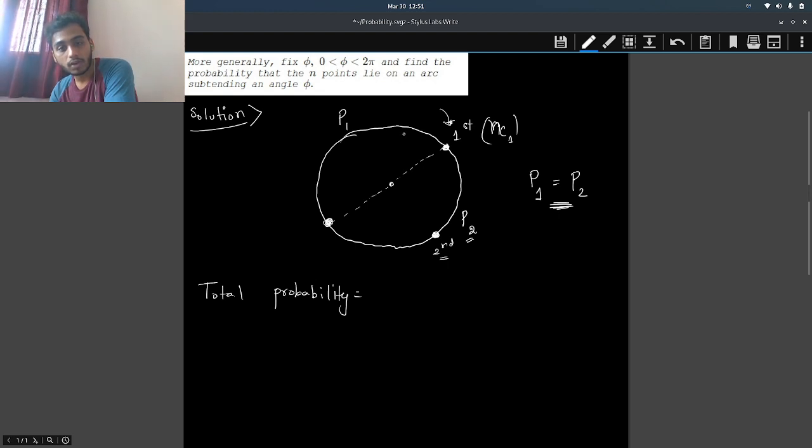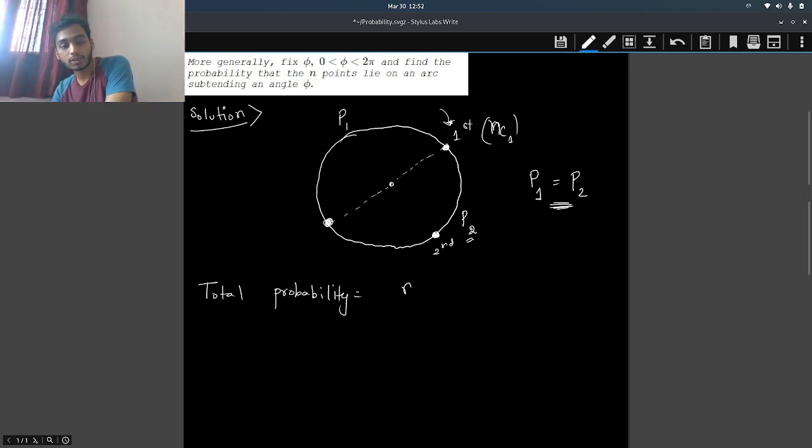If our point is here, then we have to be pretty sure that all the points should be in this semicircle only. That is pretty much clear, right?